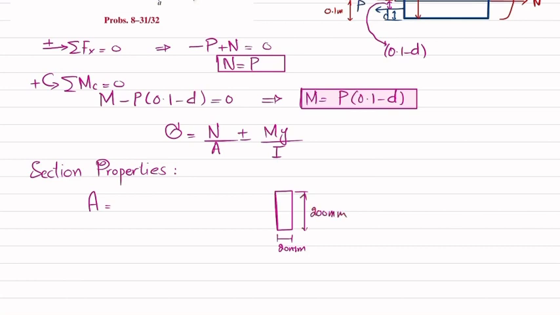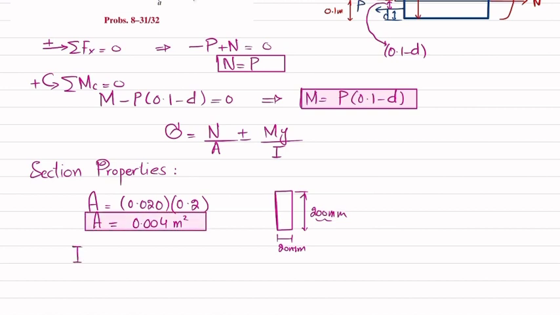So the area is equal to the breadth, which is 20 millimeter, or 0.02 meter, and the height is 200 millimeter, which is 0.2 meter. When you multiply them, you will get the area as 0.004 square meter.